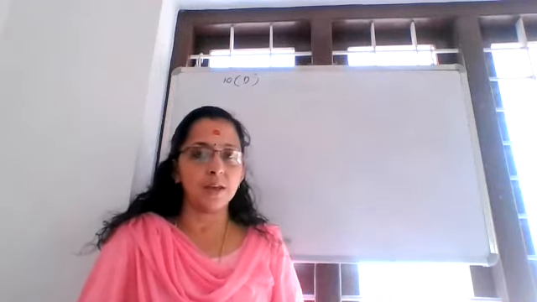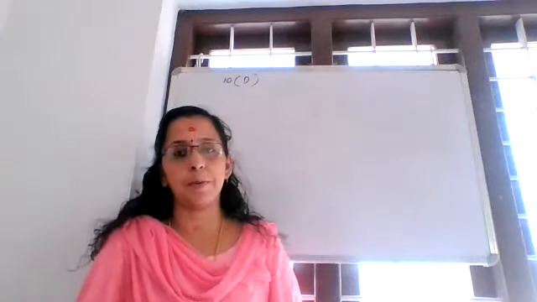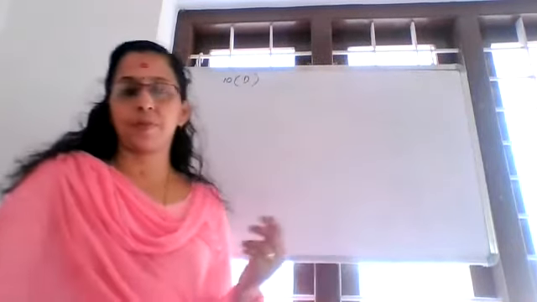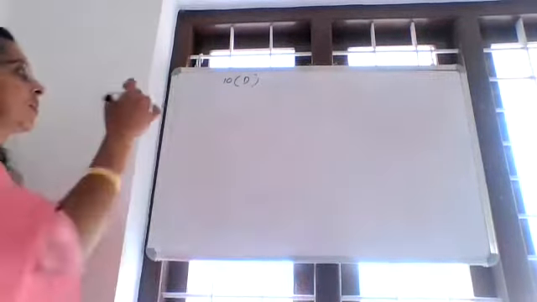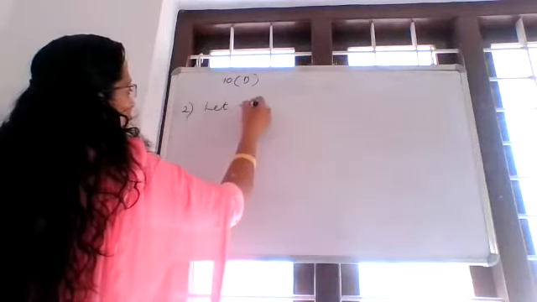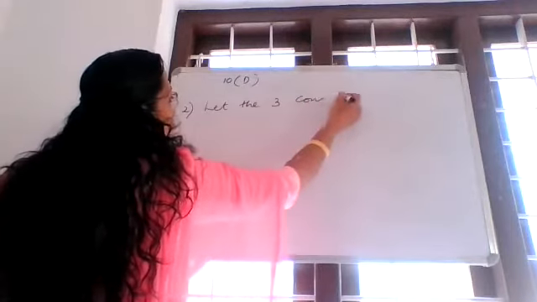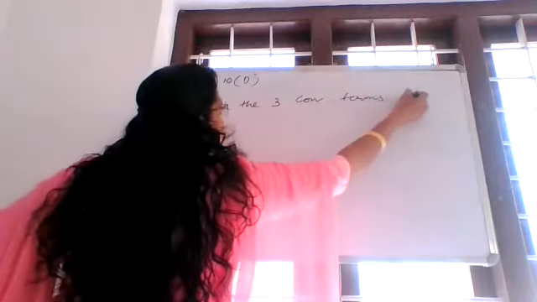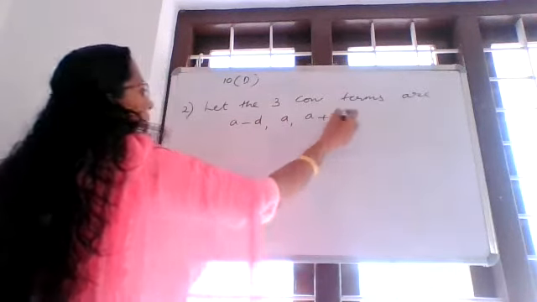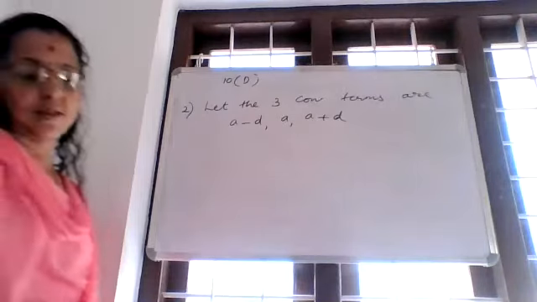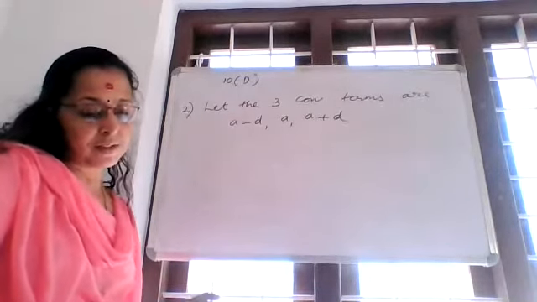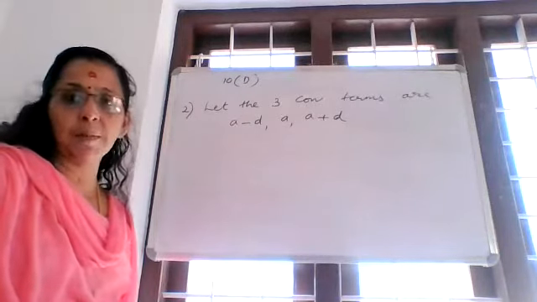Let the three consecutive terms be a minus d, a, a plus d. The sum of these three consecutive terms is 21. Sum is given as 21.